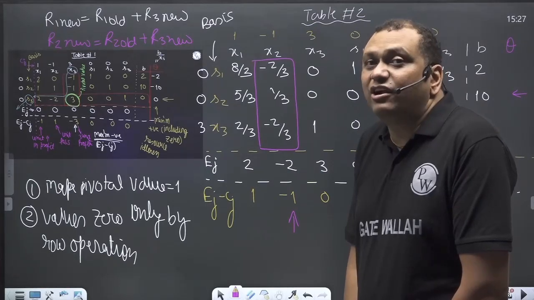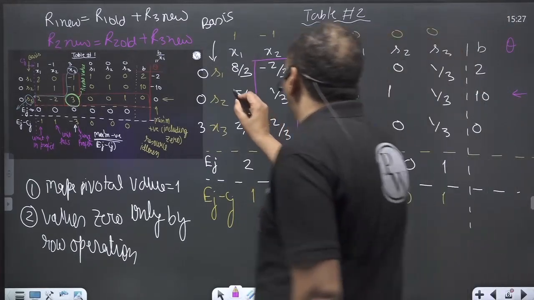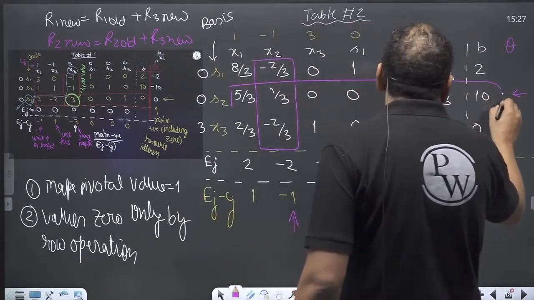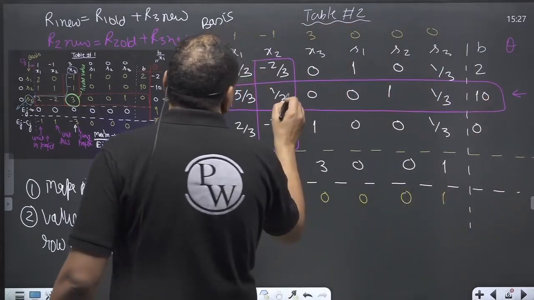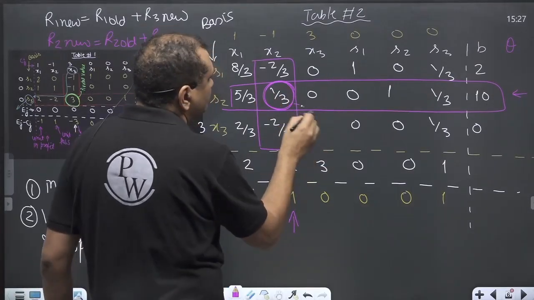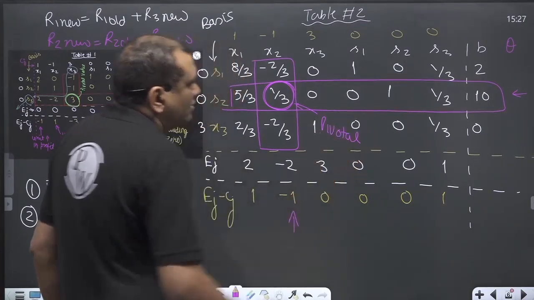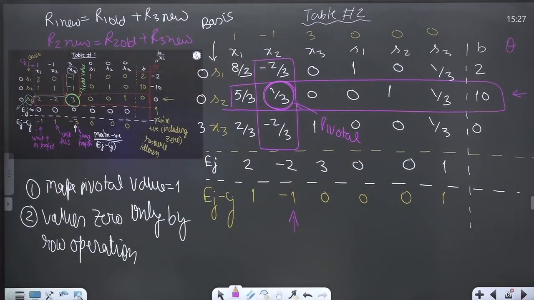So this will be the row, and this is the pivotal value. Okay?